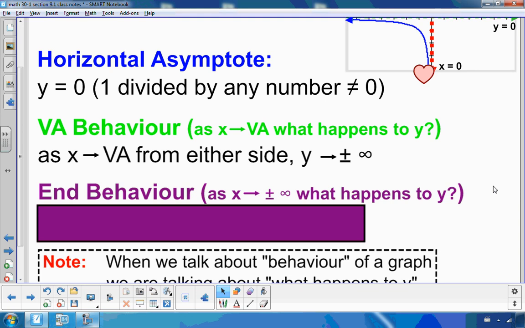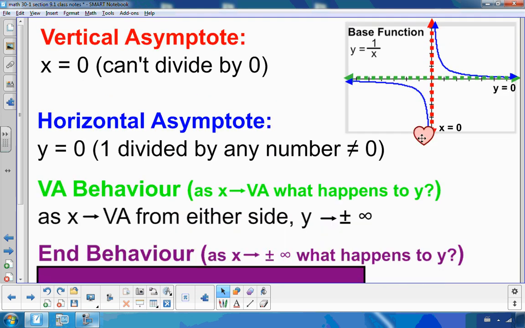Now let's look at the end behavior. End behavior, the ends of the graph, means as x gets really, really big on both sides, where is y going? Remember, behavior is always about the y. So this time I'm going to get x to be really, really big. As I'm getting it bigger and bigger, you can see the graph is approaching the horizontal asymptote.